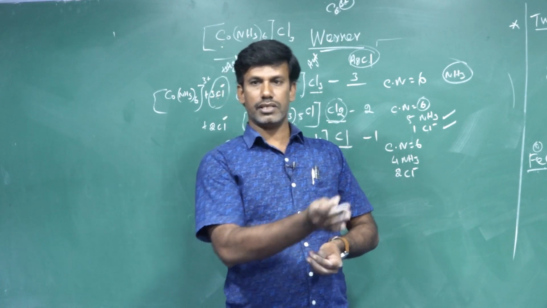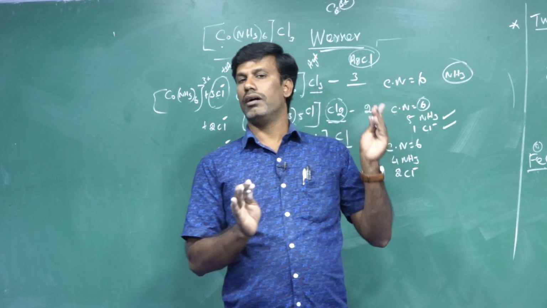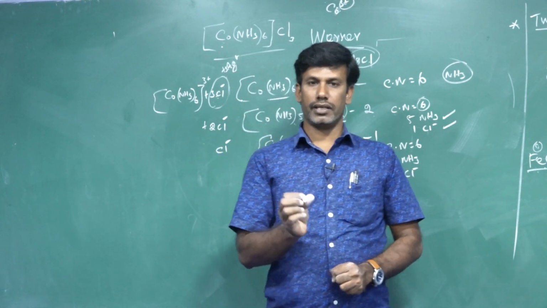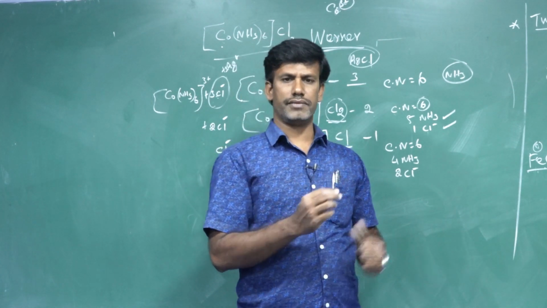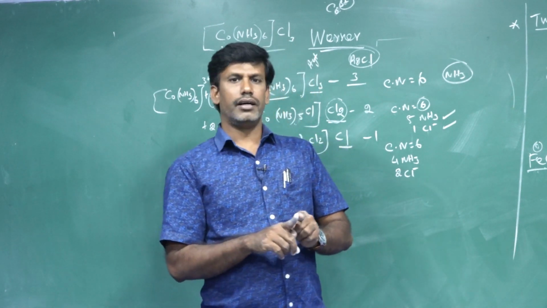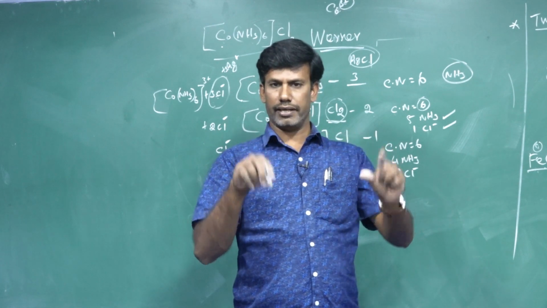From these postulates, we get how the coordination compound is formed. For example, take chromium trichloride and ammonia. We have discussed there is one inner sphere around the metal ion surrounded by the ligands, called the secondary valency.